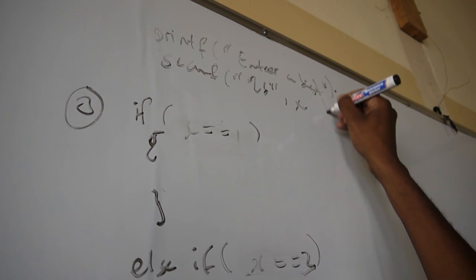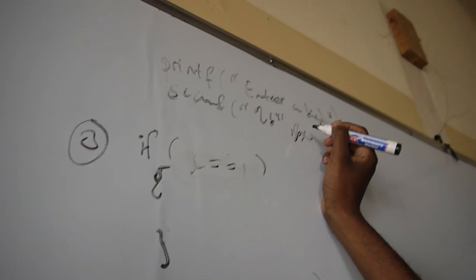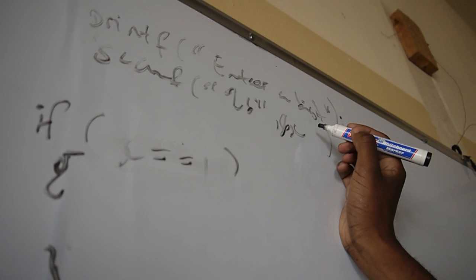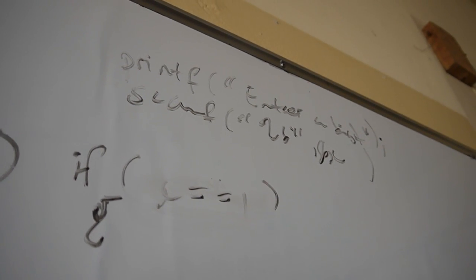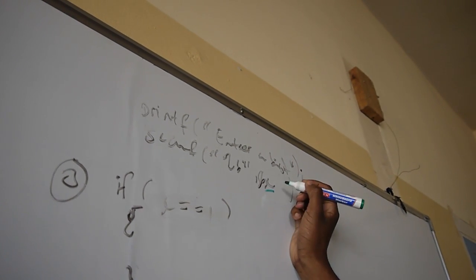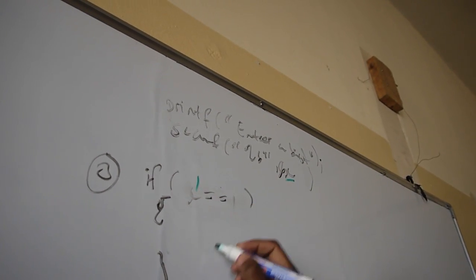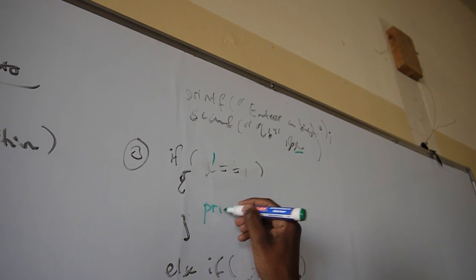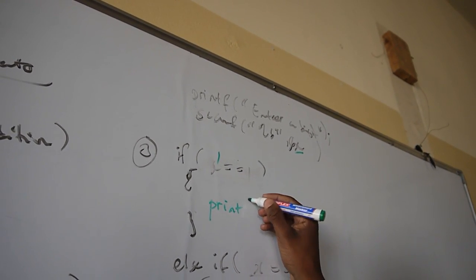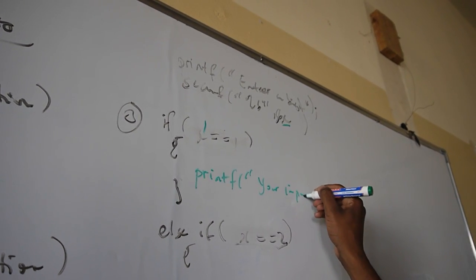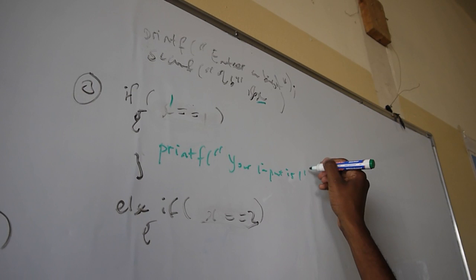So if I prompt a user to enter a value, and the user enters 1, it means 1 is equal to 1. So it's going to execute this part, printf your input is 1.